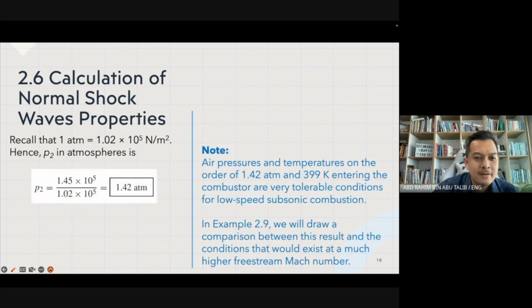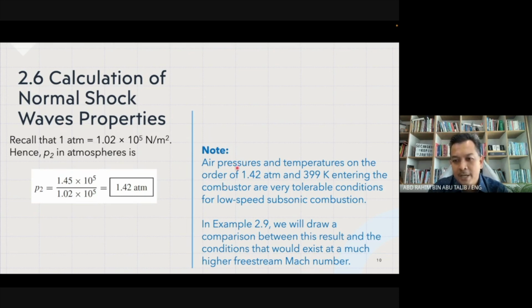Recall that 1 ATM is equivalent to 1.01 times 10 to the power of 5 Newton per square meter. Hence, P2 in ATM, you just divide P2 over 1 ATM, which is 1.42 ATM.